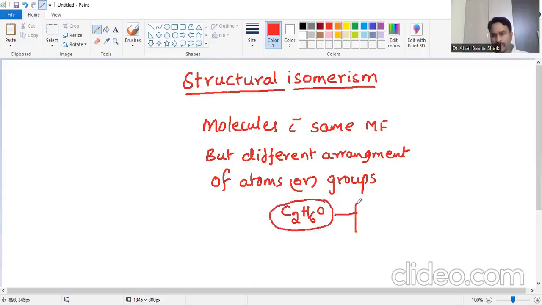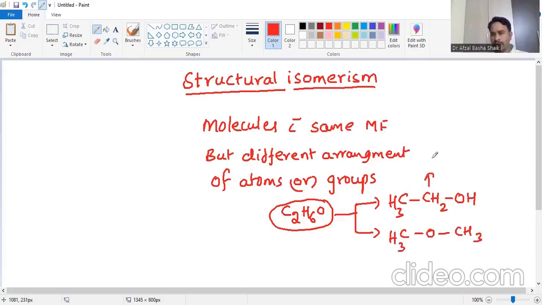And this molecule, for example, can be written as CH3CH2OH, or CH3OCH3. The first molecule contains two carbon atoms and is ethyl alcohol, whereas the second molecule is dimethyl ether.